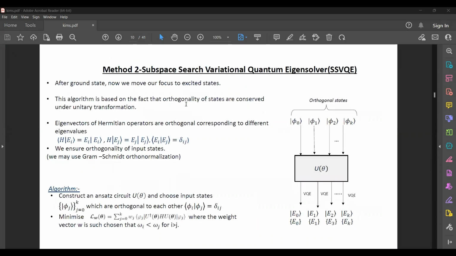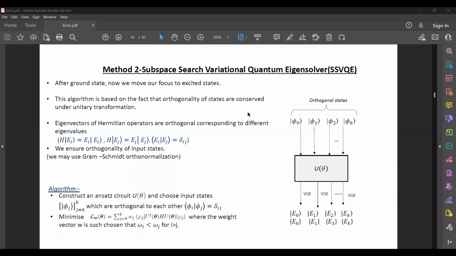So after I explored VQE, another technique which I wanted to explore to find the ground state energy of deuteron was the Subspace Search Variational Quantum Eigensolver, also known as SSVQE. This is based on the concept that for every Hermitian matrix, or every operator in quantum mechanics, the eigenvectors corresponding to different eigenvalues are always orthonormal to each other.